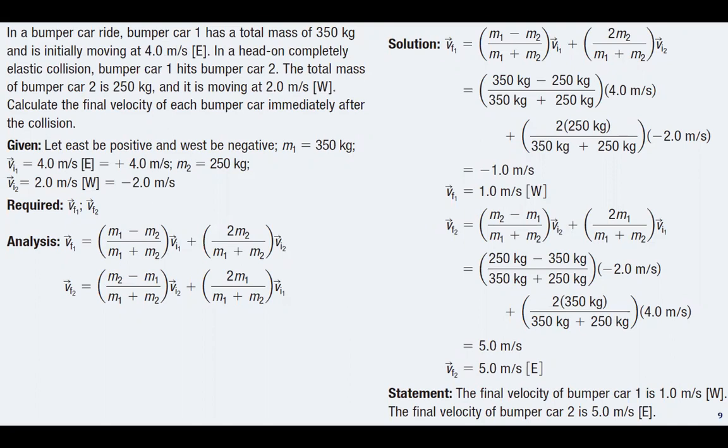The positive symbol indicates that the direction of the velocity of car 2 is to the east. So the final velocity of bumper car 1 is 1.0 meters per second to the west, and the final velocity of bumper car 2 is 5.0 meters per second to the east.